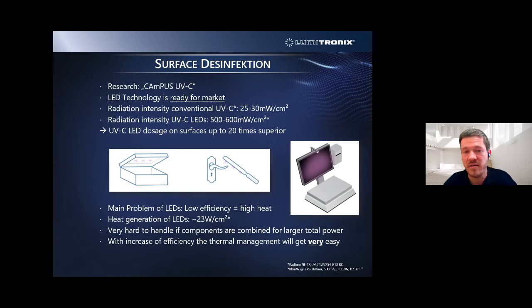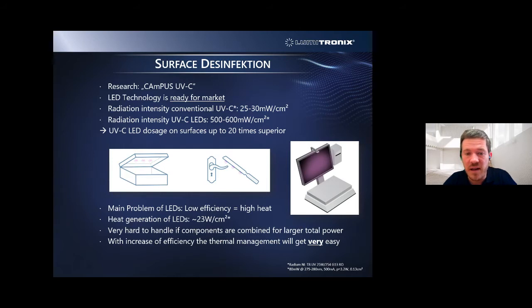You can get 500 to 600 milliwatts per square centimeter at the moment, which is approximately 20 times superior to what you can get with conventional UVC sources.